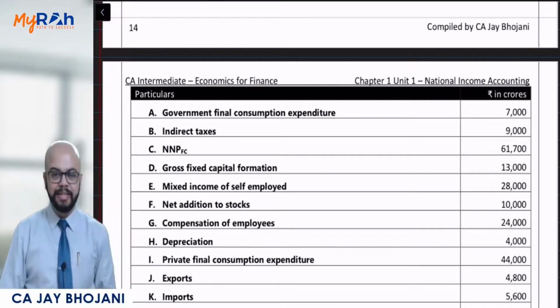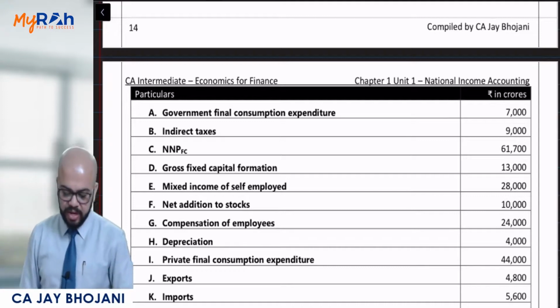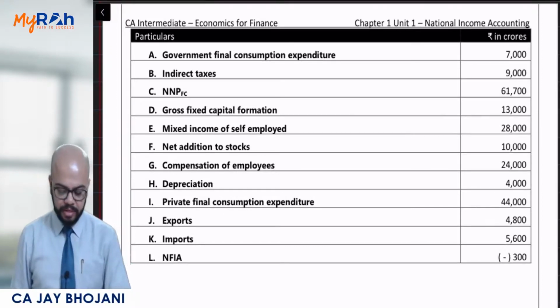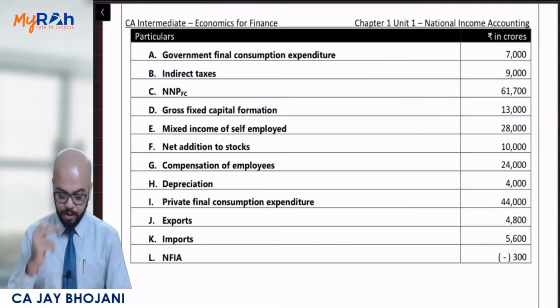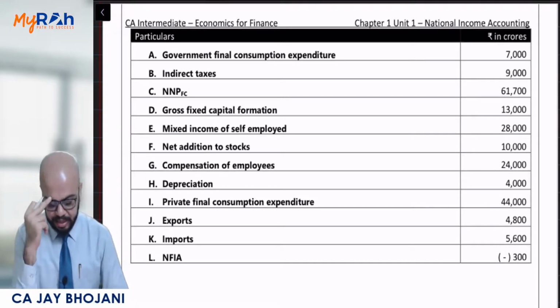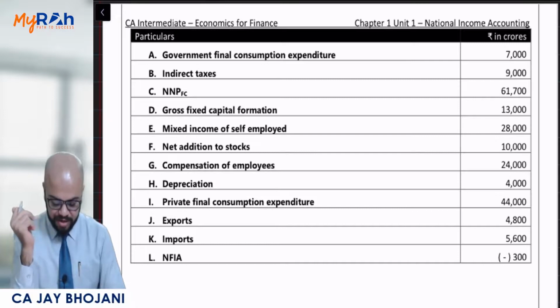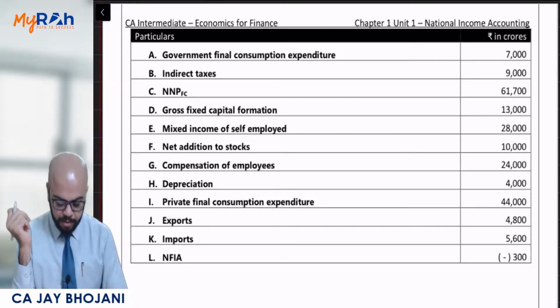Now let's consider the data. Government final consumption expenditure, indirect taxes, NDP FC, GA, gross fixed capital formation, mixed income of self-employed, net addition to stocks, compensation of employees, depreciation, private final consumption expenditure, exports, imports, and NFIA.